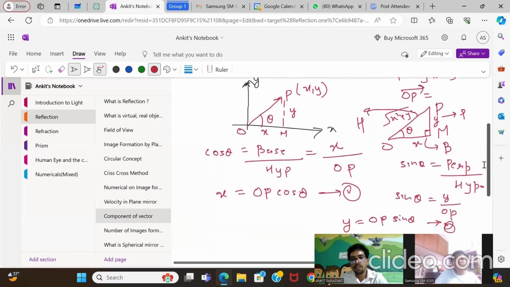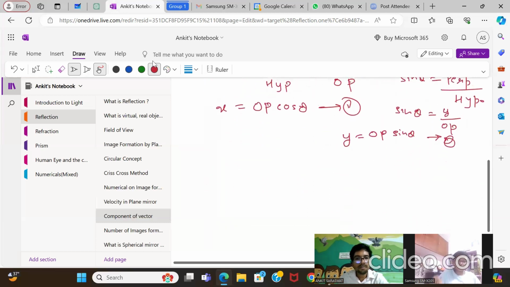Clear? Now see here. This is O. This is the position vector. If this is theta, then how much is OM?